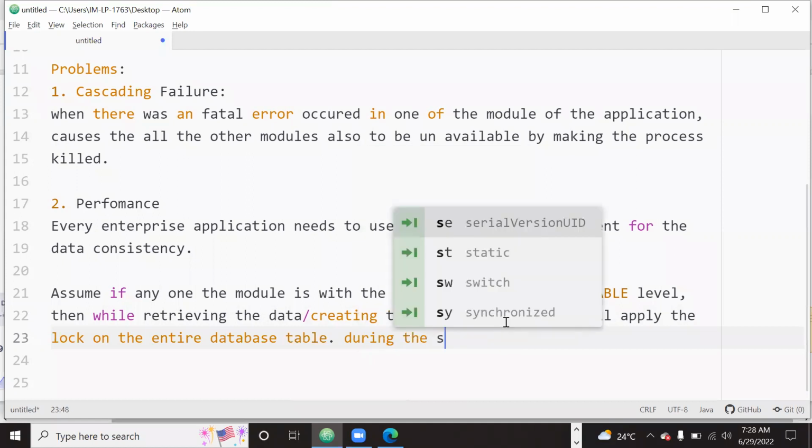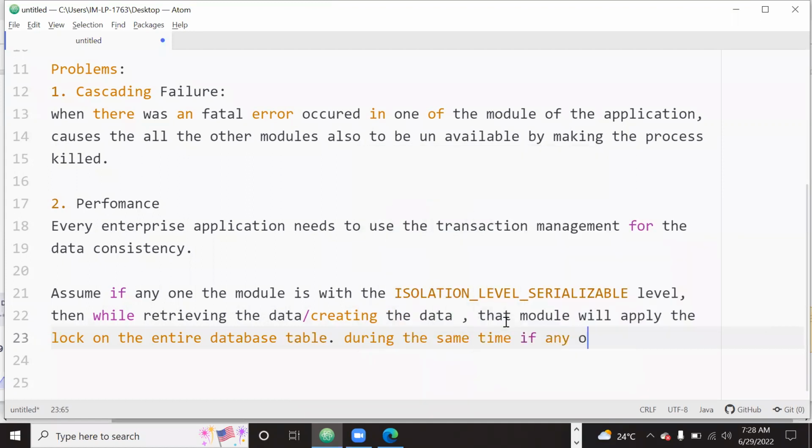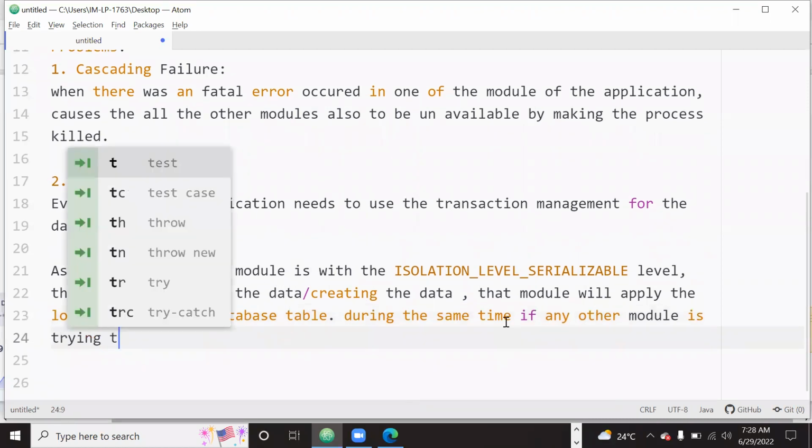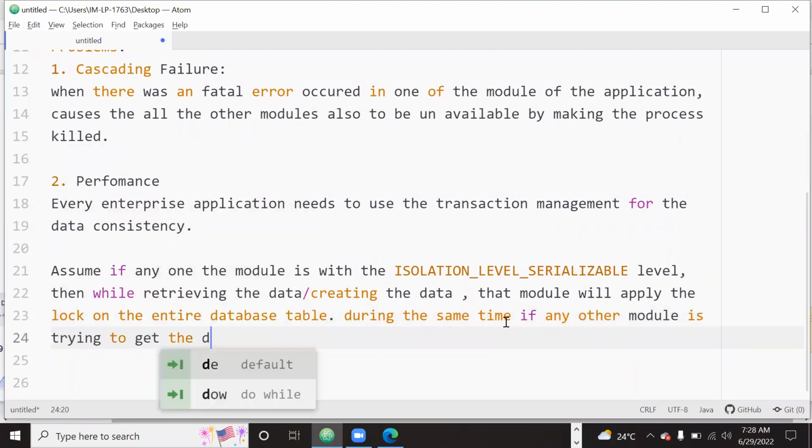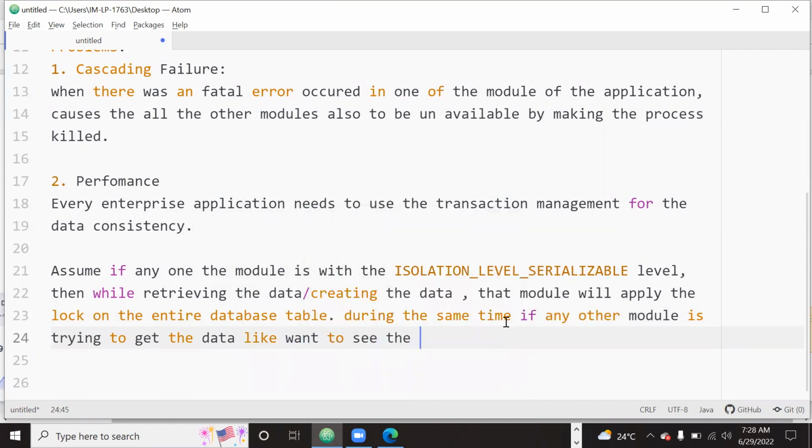During the same time, if any other module is trying to get the data, like wanting to see the purchase order, that means the purchase order, PO.